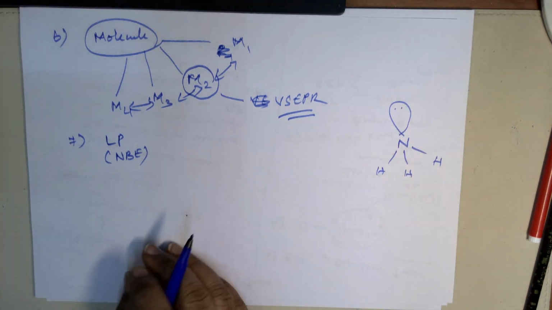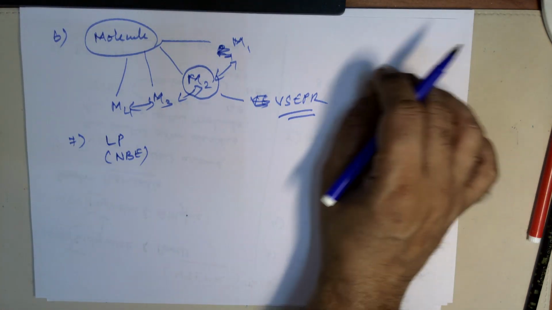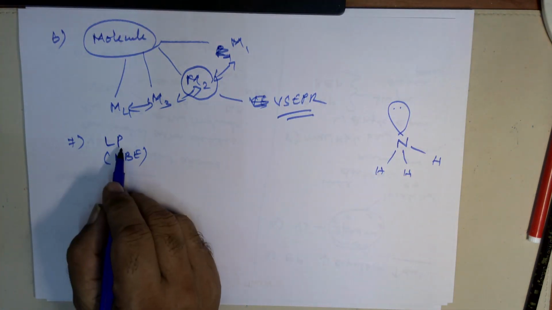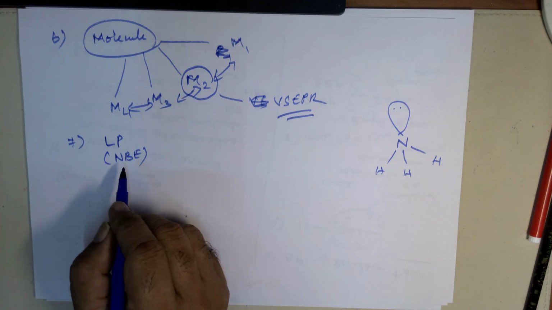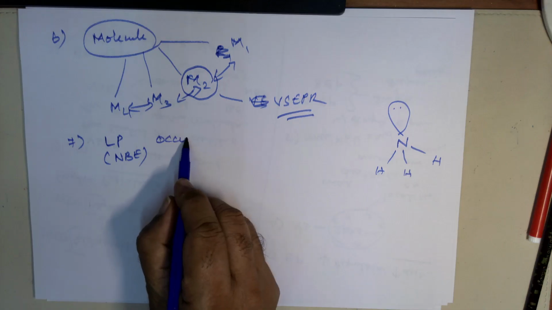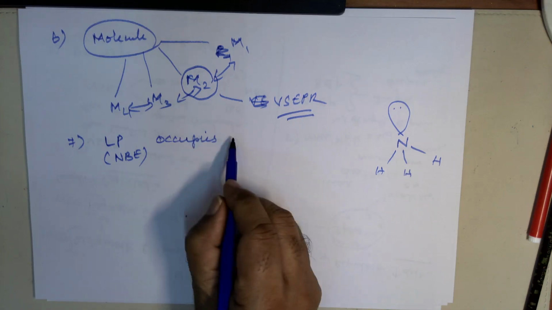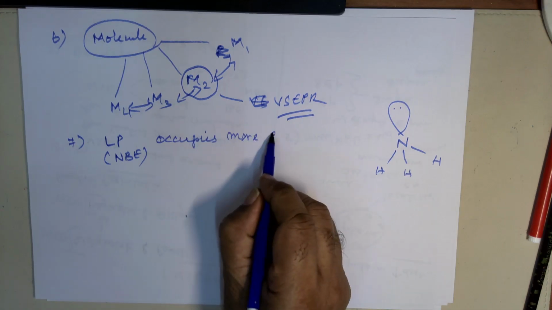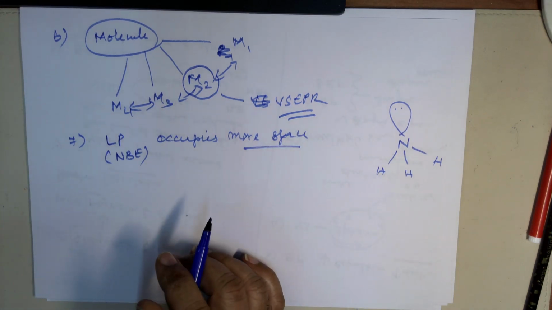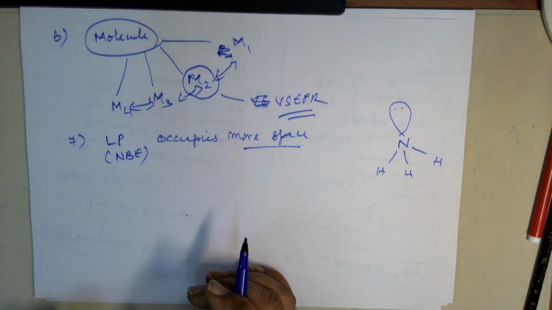And that's why it tries to occupy the major space and they are kept alone, right? So take down: a lone pair occupies more space than a bonding pair.